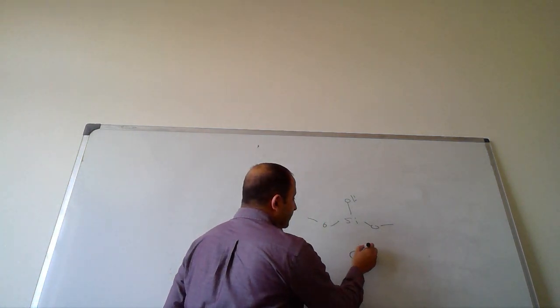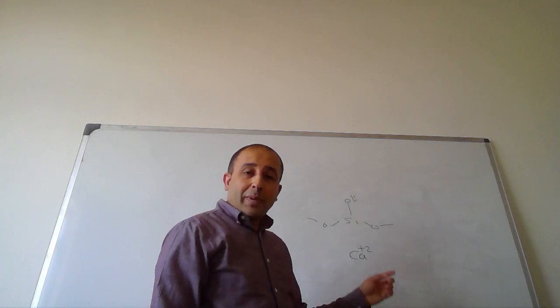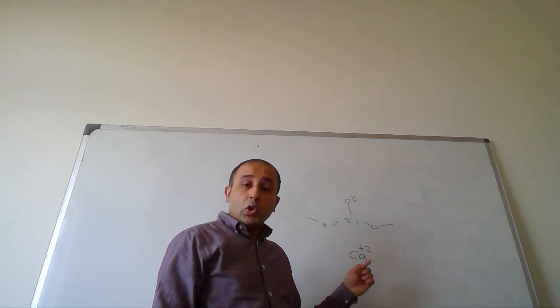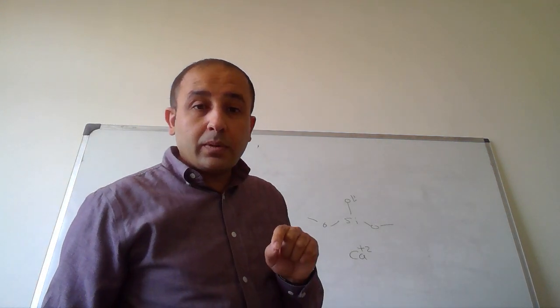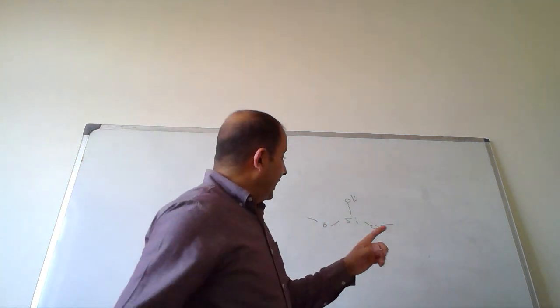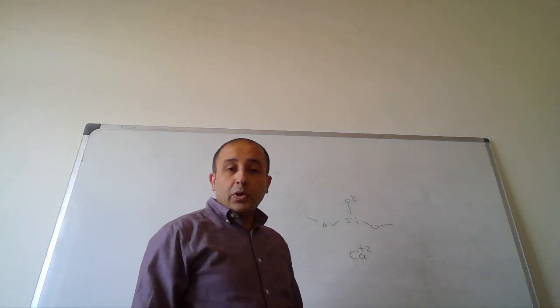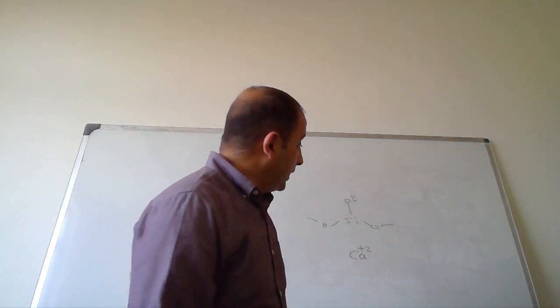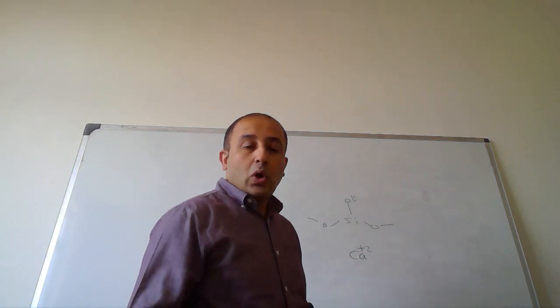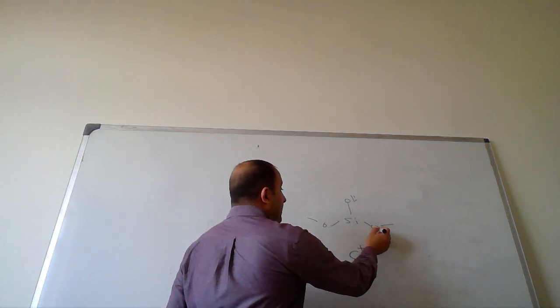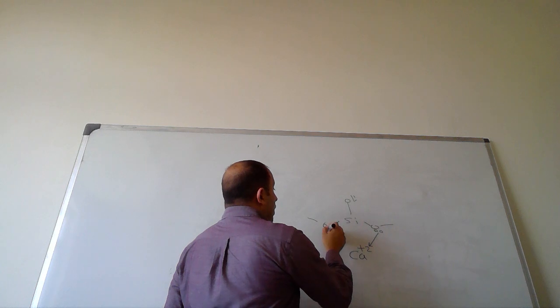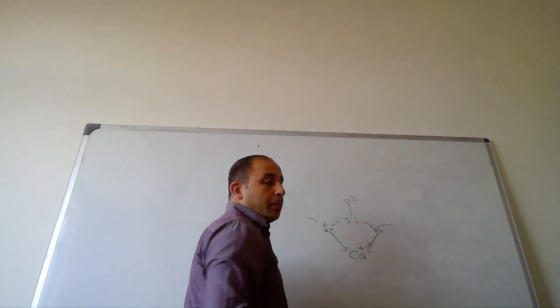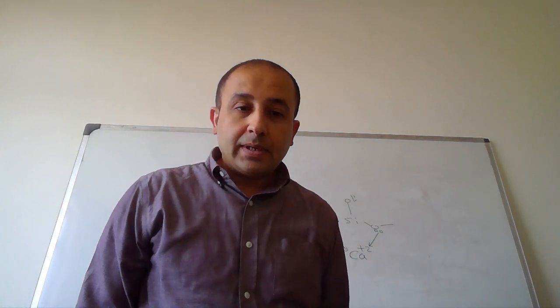So calcium ion is acidic, while calcium zero is basic. Now, calcium plus 2, according to the Lewis definition of acidity, is acidic. It has empty orbital, so it will accept pairs of electrons from oxygen.